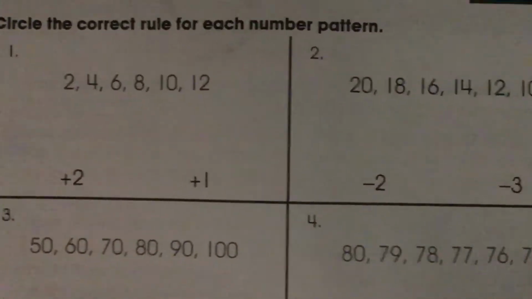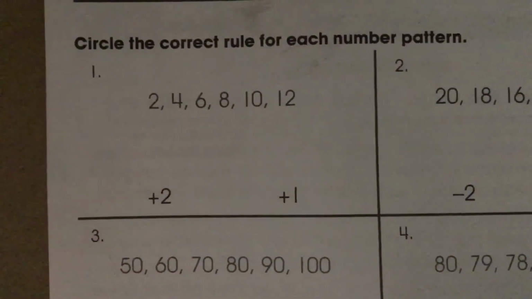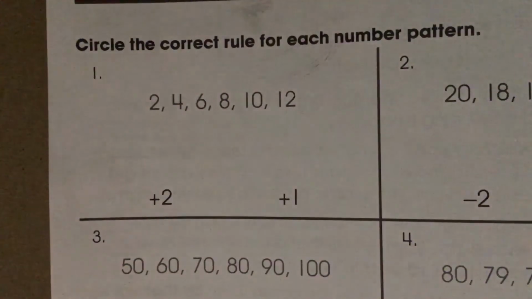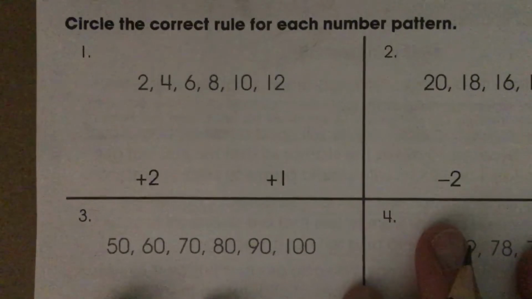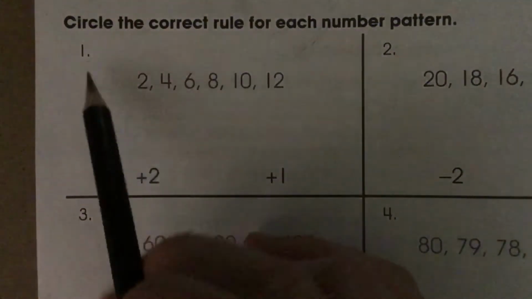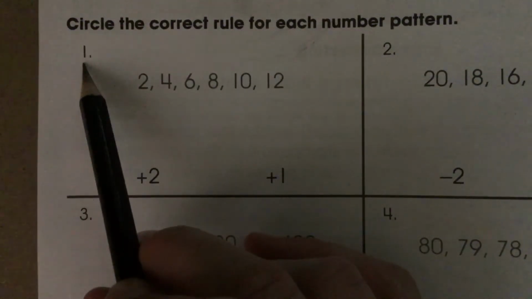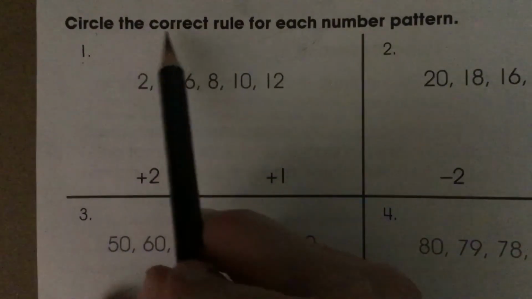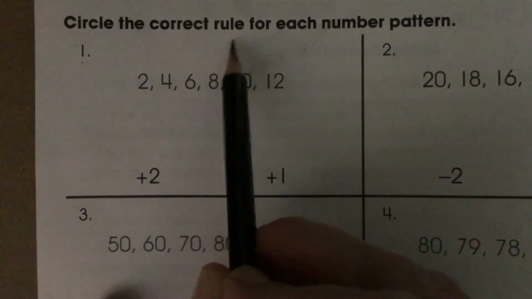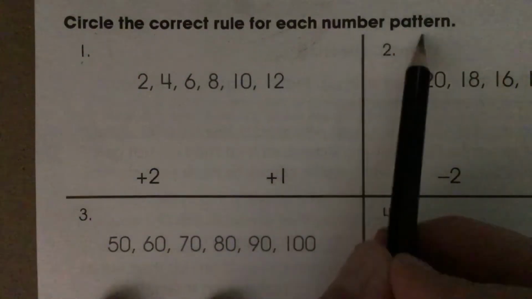We're going to start day 6 with some patterns. We've got number patterns here. Number 1, we are going to circle the correct rule for each number pattern.